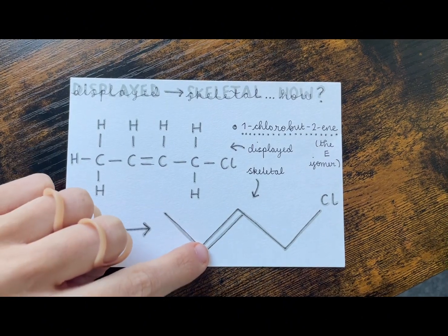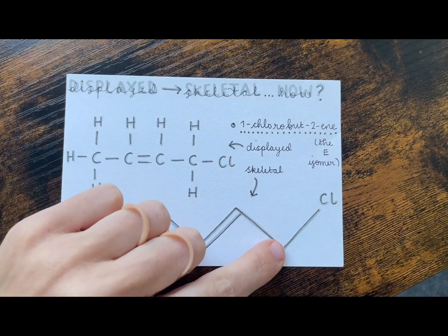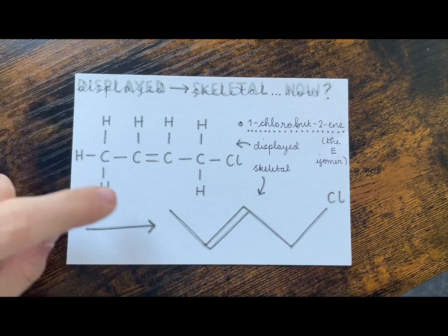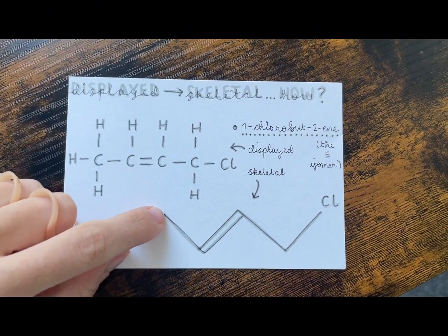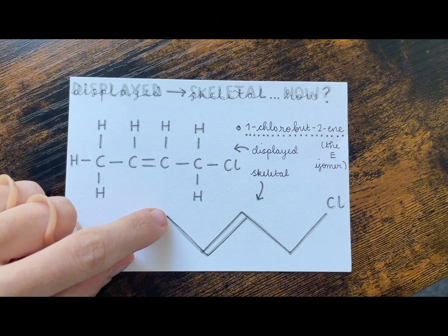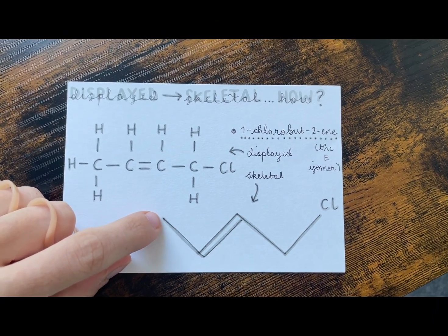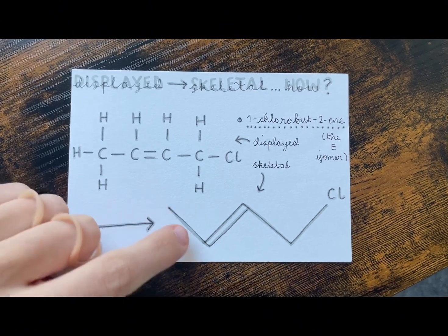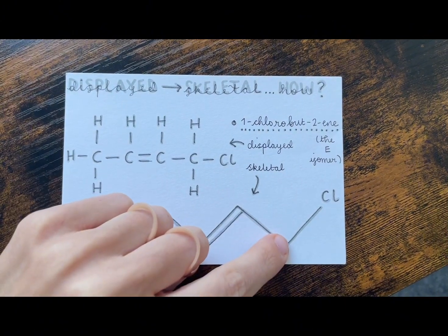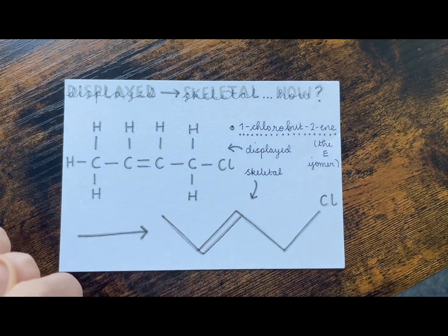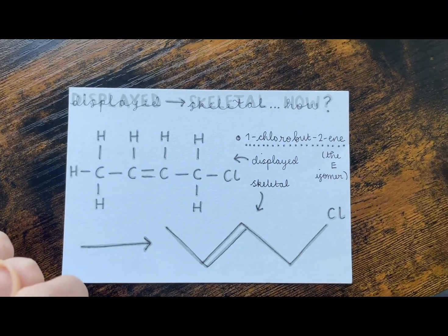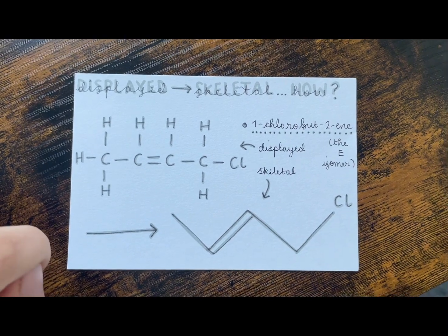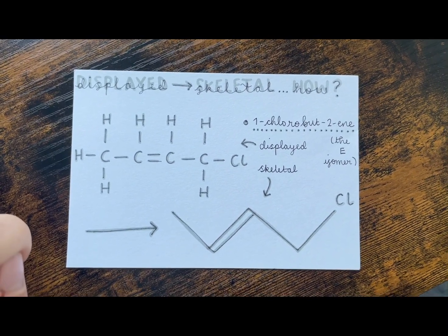1, 2, 3, 4. Now this is the biggest mistake that students tend to make, because as soon as you put your pen on the paper to start your zigzag line, you are already drawing carbon number 1, because that's then going to be the end of the chain. So once you have drawn your 4 carbon atoms, it's always worth just checking that you definitely only have 4 and you haven't accidentally drawn 5 or 6, which is very easy to do and a very common mistake that I see.